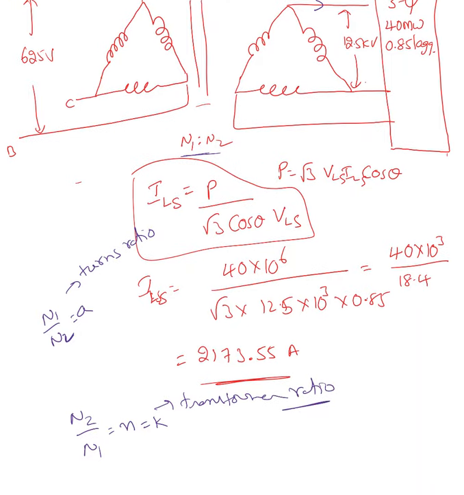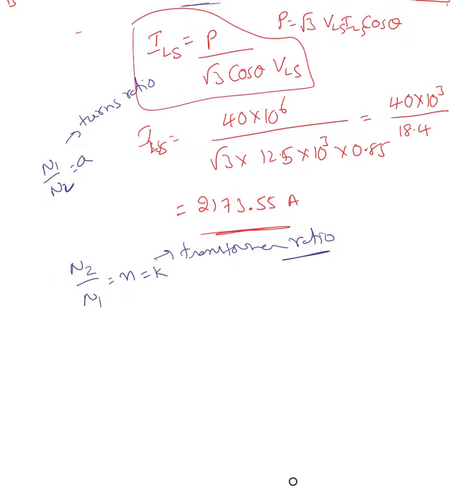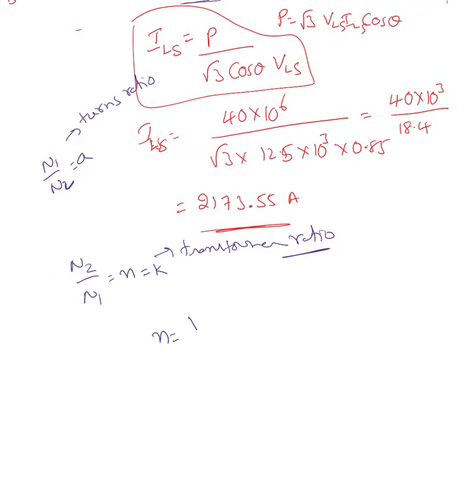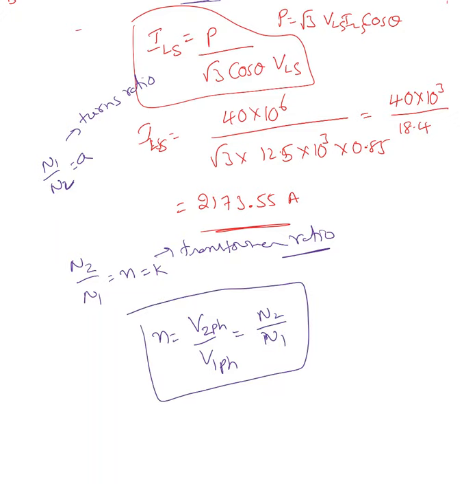So here N equal to V2 over V1. Here we always use the phase values. That is really important. Whenever we are finding transformer ratio, we always use the phase values.